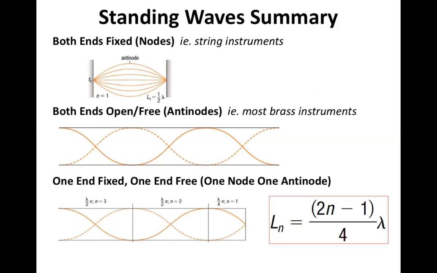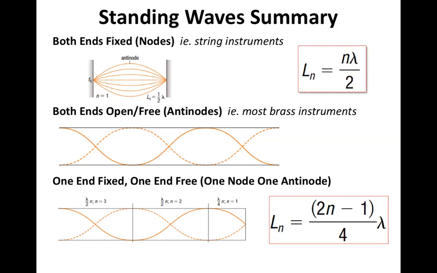So you have a glass of water and you're going to allow sound to flow through it. This is the container of your glass and this is the surface of the water. So you have a fixed end here and an open end here. So that's one harmonic. Then the next opportunity, the next frequency where there will be a standing wave, is this one. You have open and closed.